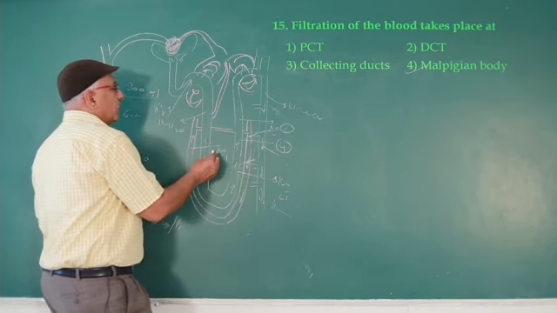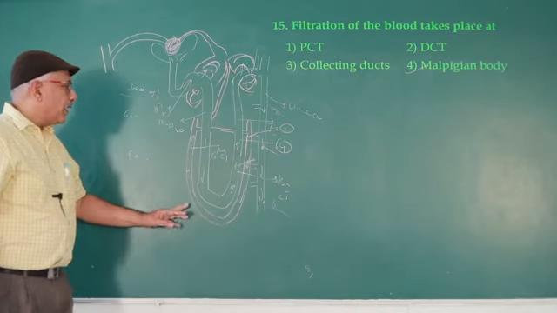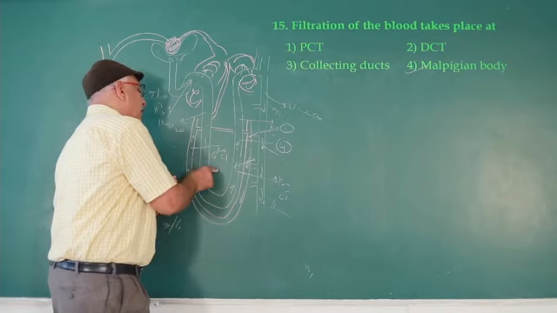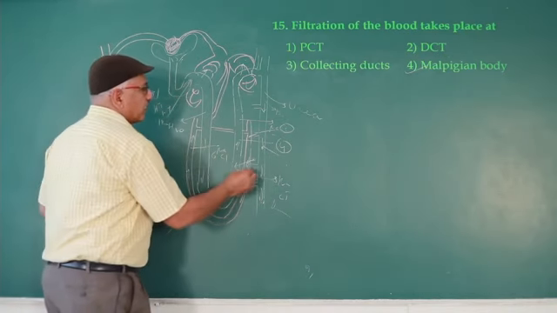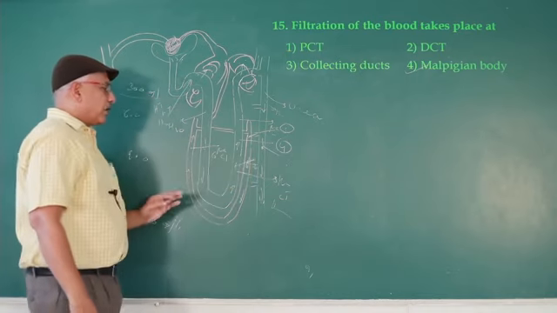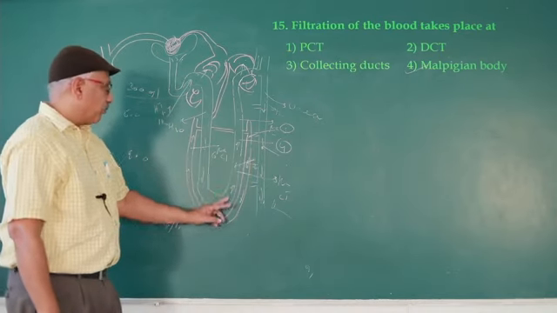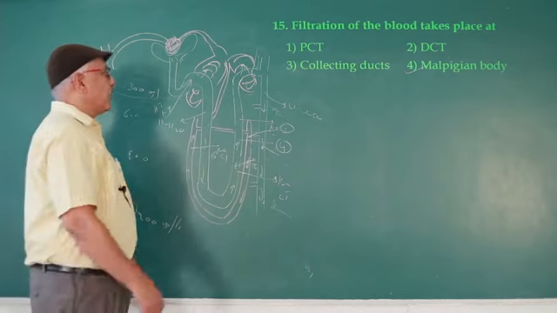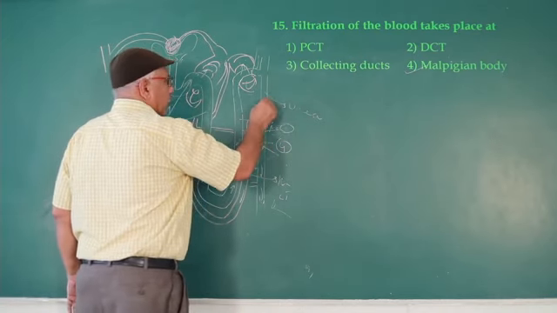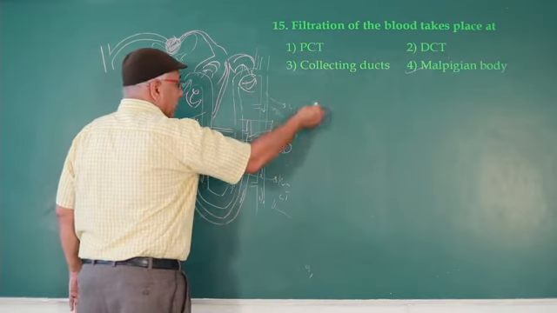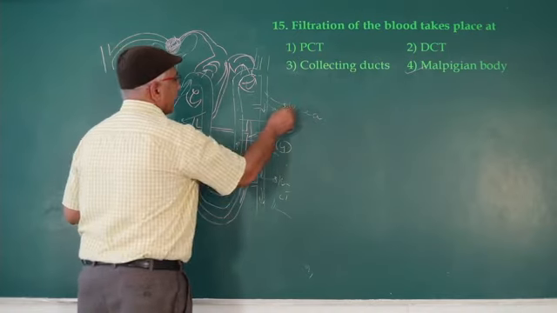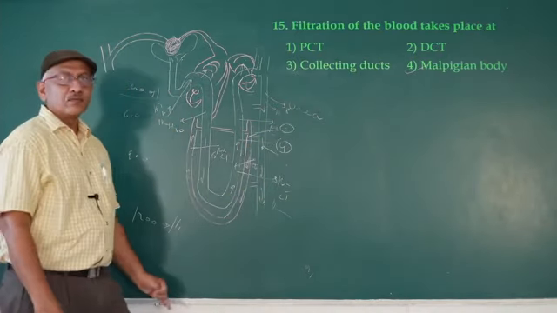Sixth point: while blood is passing through the ascending limb of vasa recta, electrolytes enter into the medullary fluid. Seventh point: urea present in the medullary fluid is secreted into the ascending limb of loop of Henle, and while primary urine is passing through the collecting duct, urea enters into the medullary fluid. That is the 8th point.